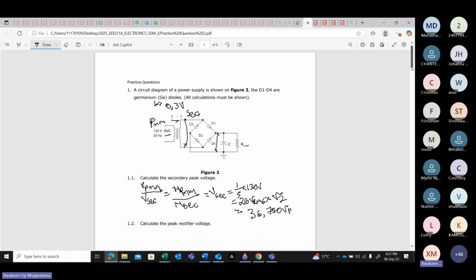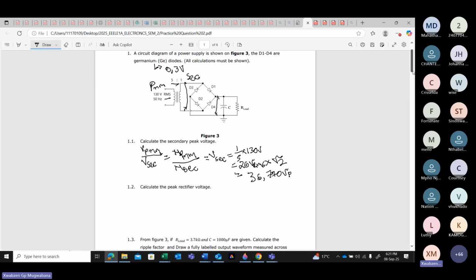If you want to find your rectifier voltage, you're going to say V peak rectifier. It is the voltage that went through the diodes.